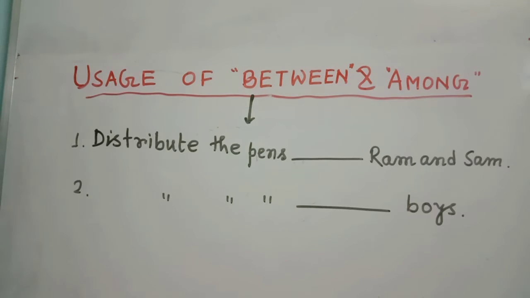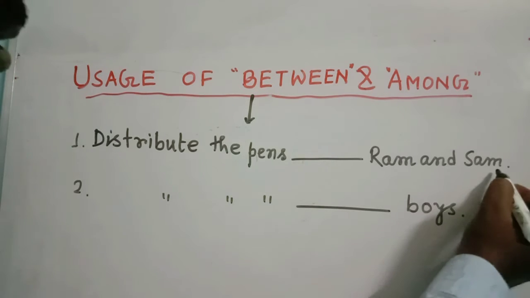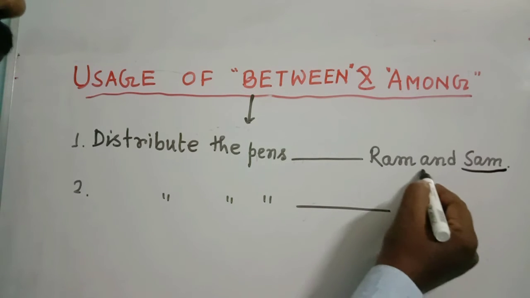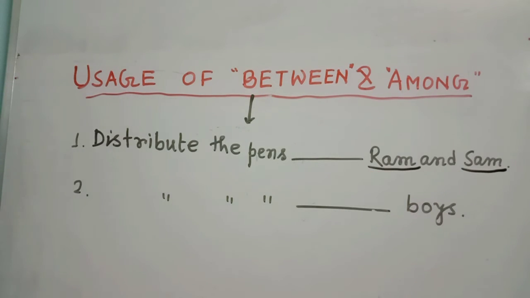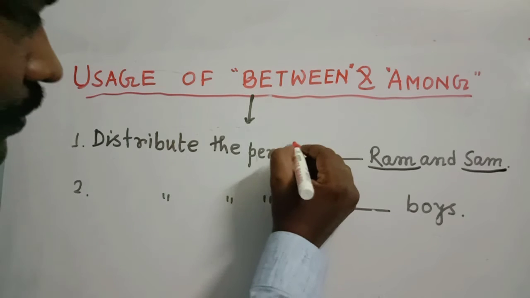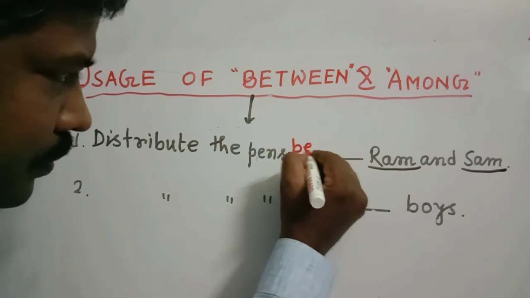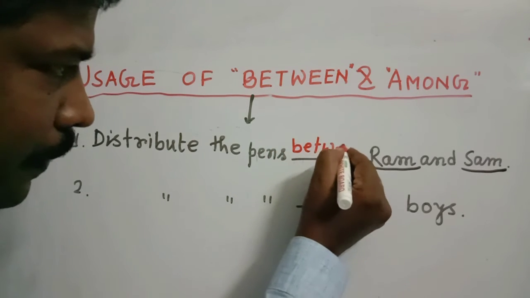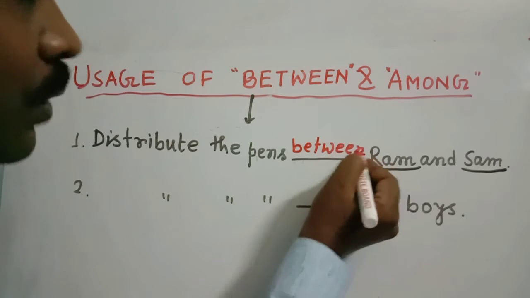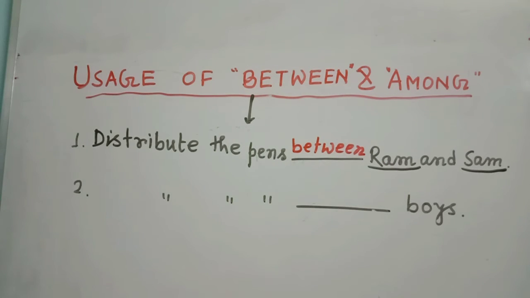Now friends, I've written here two examples. Distribute the pains dash Ram and Sam. So here there are two nouns, Ram and Sam. So obviously we have to use between.